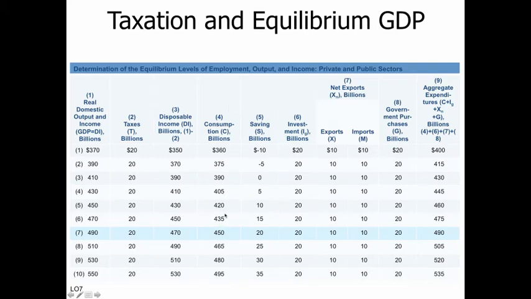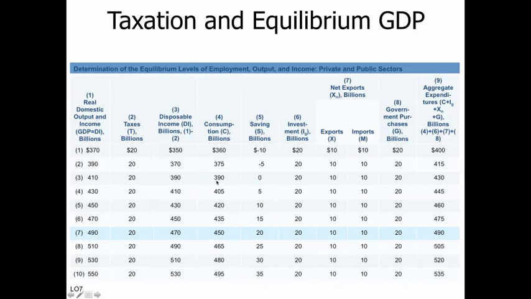Again, this is reducing these consumer spending levels. So now take the new levels of C. Again, we add I, we add G, and XN is 0. We get our new aggregate spending levels. These have now fallen because consumer spending has gone down.